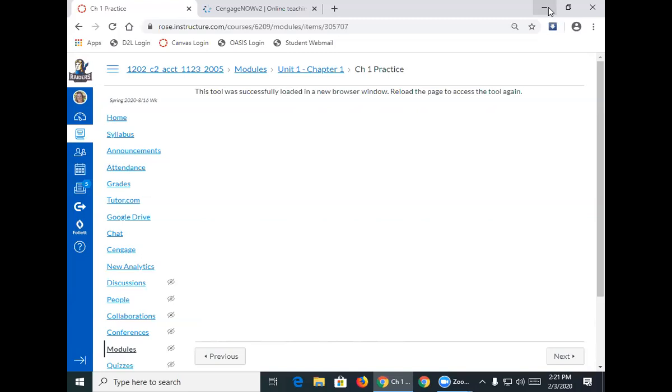Assets equal liabilities plus stockholders' equity. So I would know the equation. I would know how to calculate the numbers. We did that in the homework and in the examples, where if I give you assets and liabilities, you can calculate the equity amount.